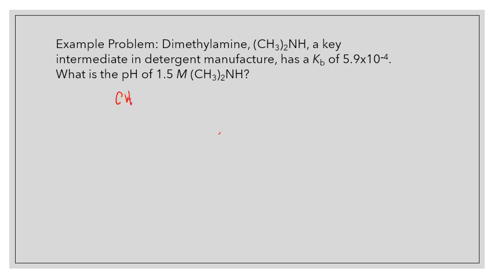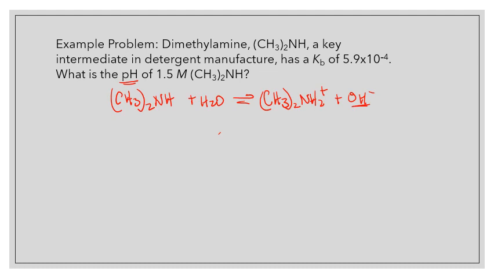So I have (CH3)2NH plus the H2O. It is going to form (CH3)2NH2 plus and OH minus. So notice they're asking us to solve for pH, but we will get a concentration of OH minus in solution. So we'll have one extra step that we're going to have to do in order to solve this problem.